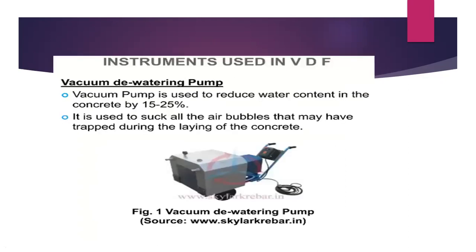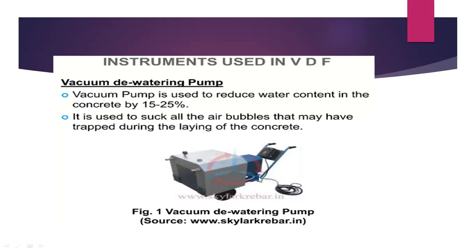This slide shows the instruments that are used in vacuum dewatered floors. The first one is the vacuum dewatering pump. This pump helps you reduce the water content by 15 to 25%. It removes all the air bubbles entrapped in the concrete layer.